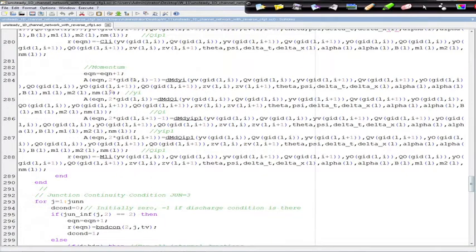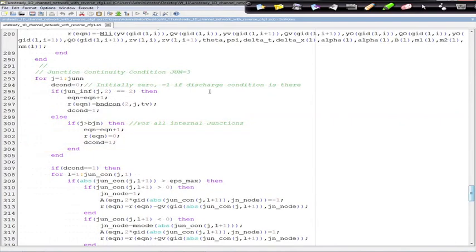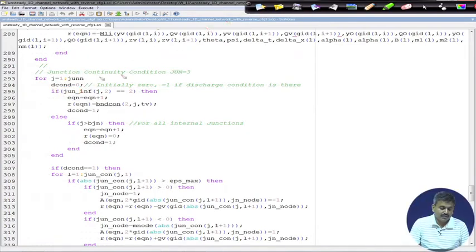So, after getting these 2 into N1 plus N2 plus N3 number of equations, we should try to get the junction conditions. So, first one is for the boundary condition, which is our condition in this case.